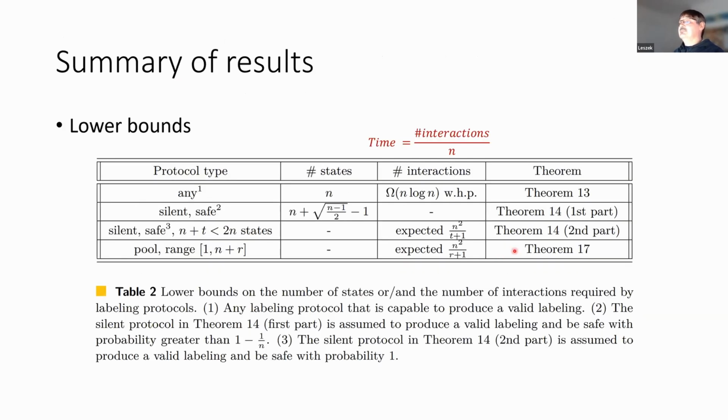Okay, so we also have almost matching lower bounds for these sorts of algorithms. It would probably take me a longer time to explain why this is the case. They are not exactly the same, and we also use some assumptions. While our algorithms are pool algorithms, the lower bounds only hold in this model, for example, the second one, right?